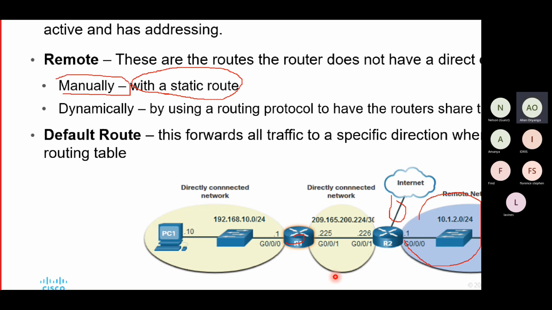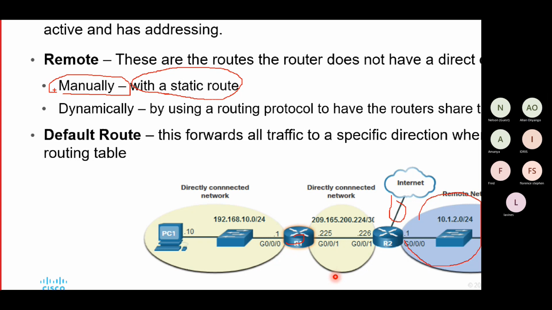Why do we call it static routing? Because to learn the remote networks, you, the network administrator, must know all the remote networks and manually add them in your router. Look at that tedious job.